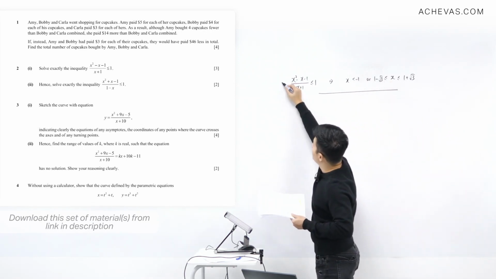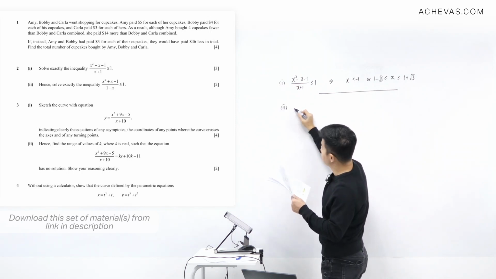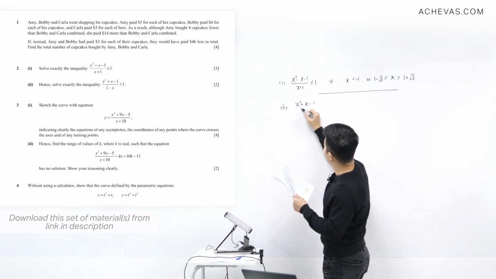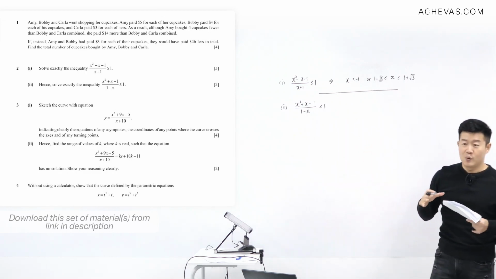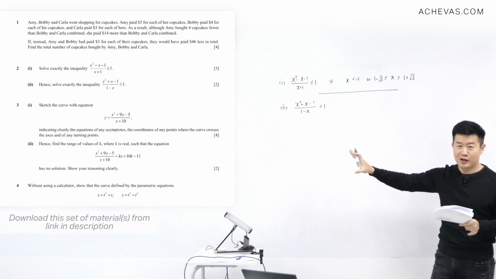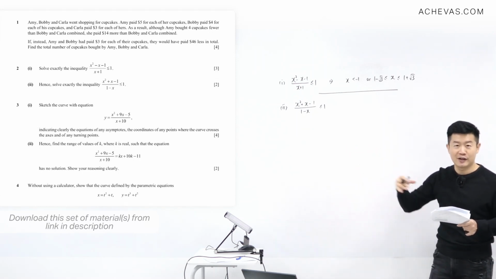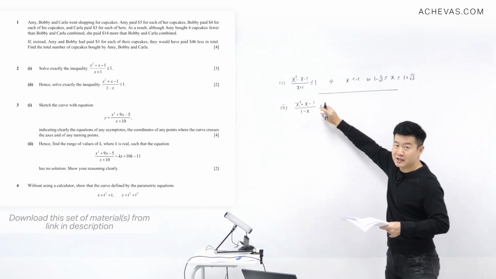For part 2, the inequality that is given to us is (x squared plus x minus 1) over (1 minus x), less than or equal to 1. And we have been using a very interesting strategy that I try to showcase in different videos about inequality, which is trying to replace x by another expression.